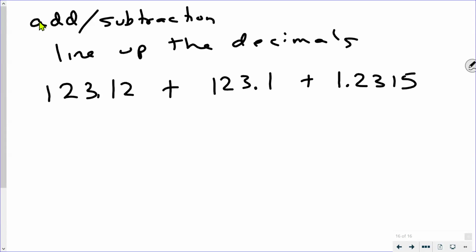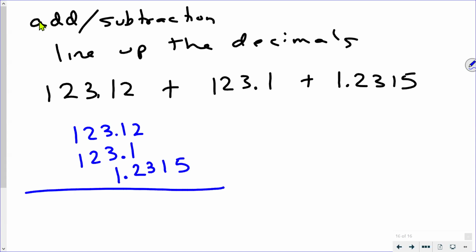Let me make it easier on myself and rewrite it: 123.12, 123.1, and 1.2315.